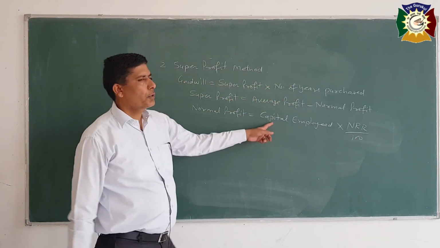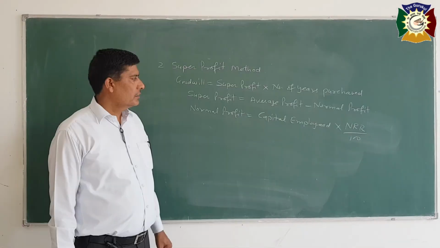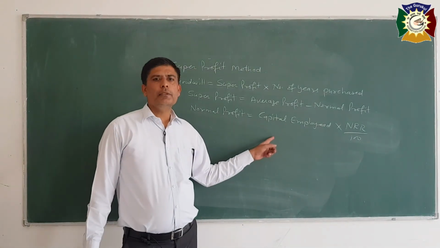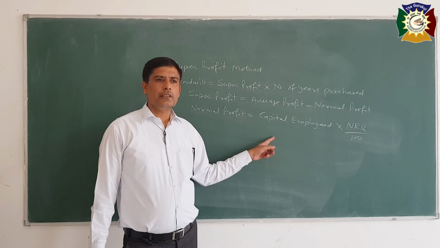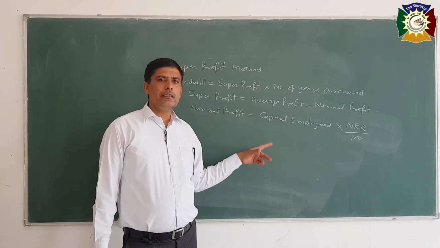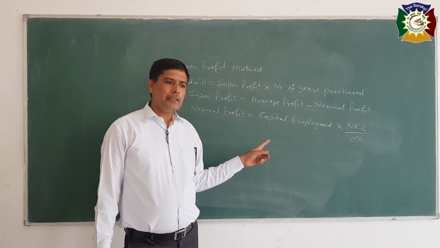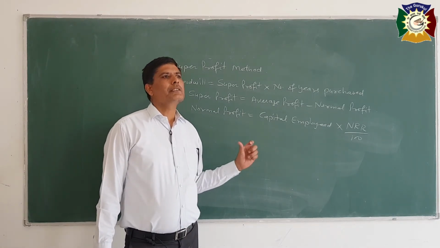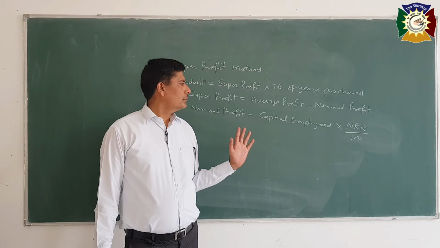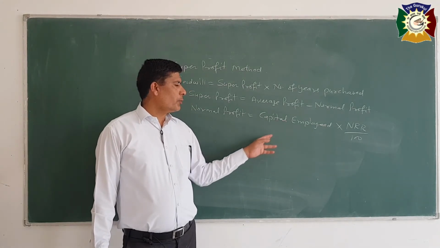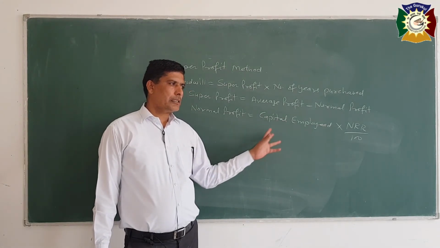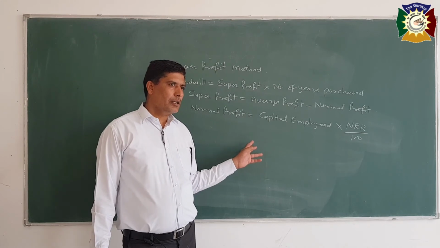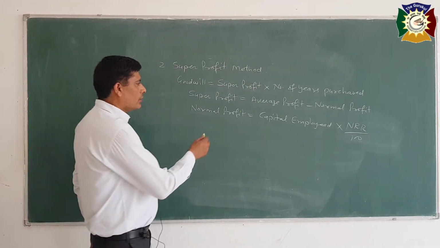So what is capital employed? Normal rate of return will be given to you in the question. Normal rate of return is that rate which is normally the profit earned by other businessmen on capital employed. So capital employed is either capital invested by partners in business, or there is another formula to calculate capital employed.